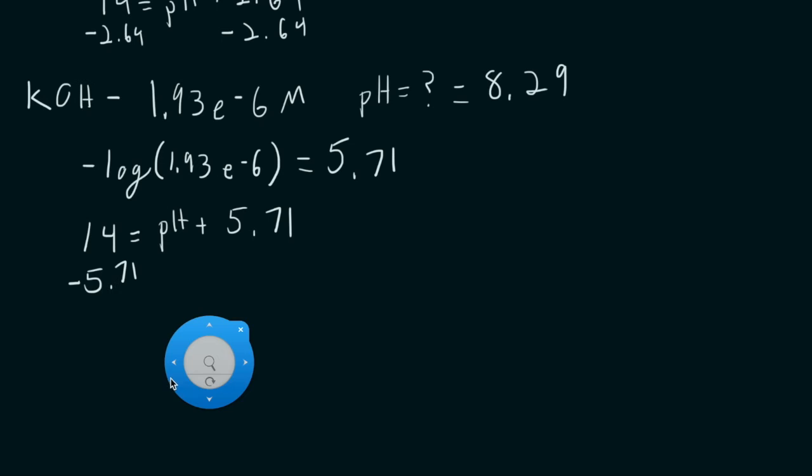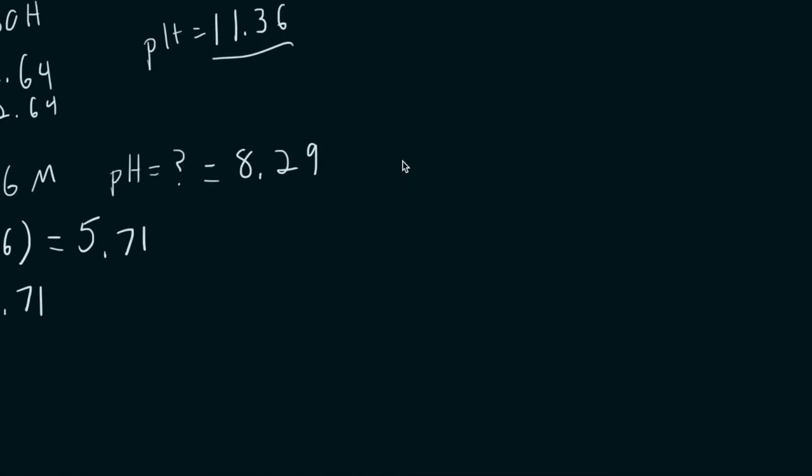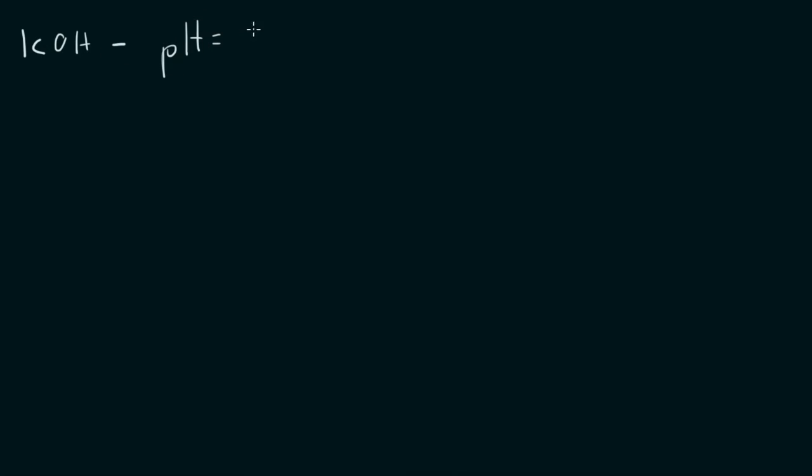Let's do this one in reverse. Let's say I've got some KOH at a pH of 13.62. Now I want to know, what's my concentration? How do I find that? Well, first I need to go from pH to pOH, okay? So that's going to be 14 minus 13.62, right?